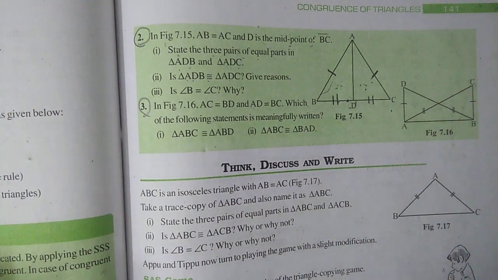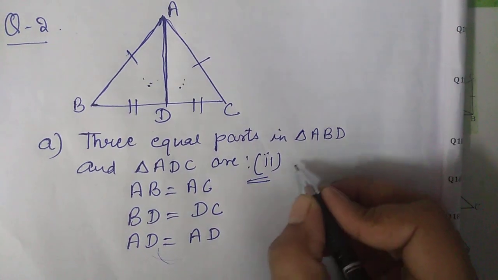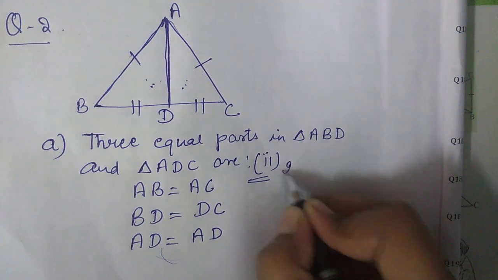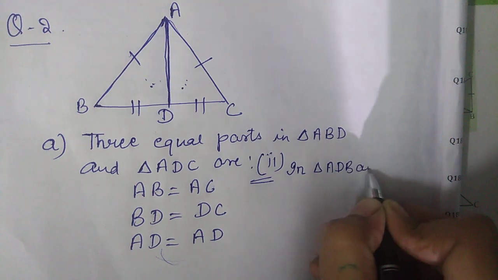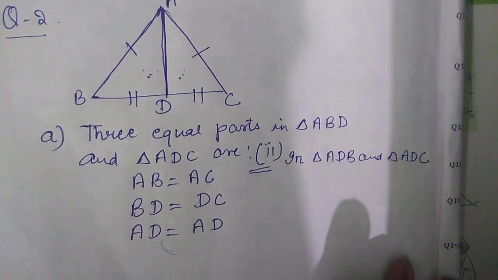So how will you write? I am doing the solution of the second part here. They are asking, is triangle ADB congruent to ADC? So I will write, in triangle ADB and triangle ADC, the equal parts.